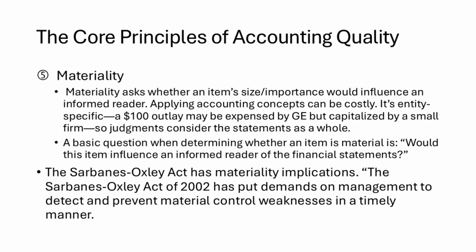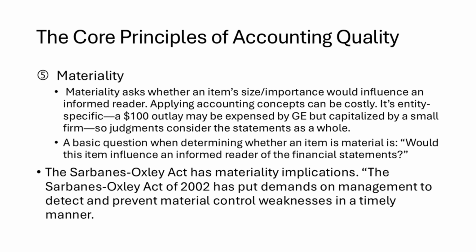It is essential that material items be properly handled on the financial statements. Immaterial items are not subject to the concepts and principles that bind accountants. They may be handled in the most economical and expeditious manner possible. However, the accountant faces a judgment situation when determining materiality.